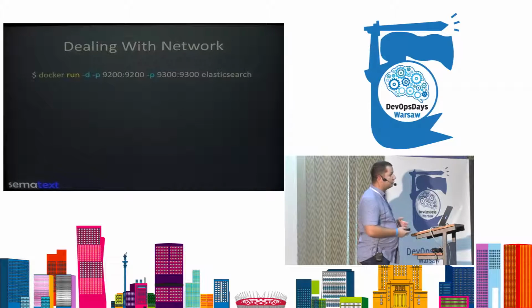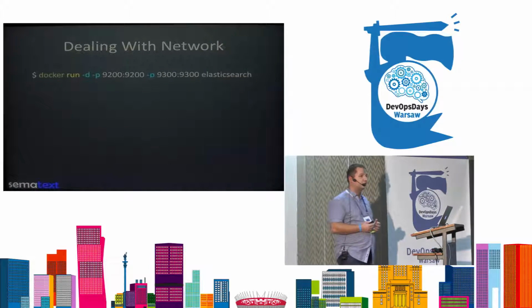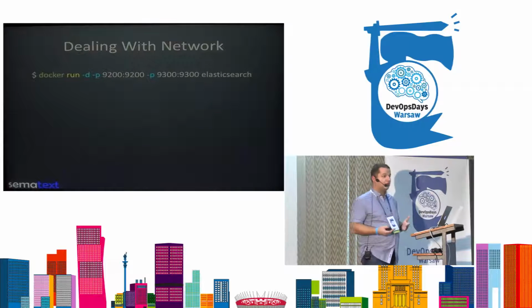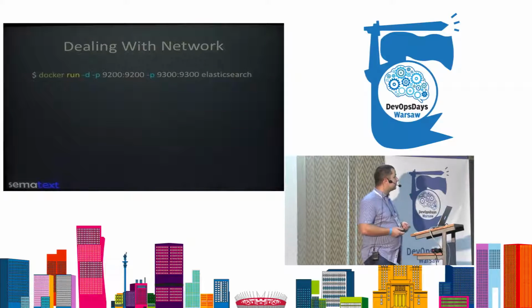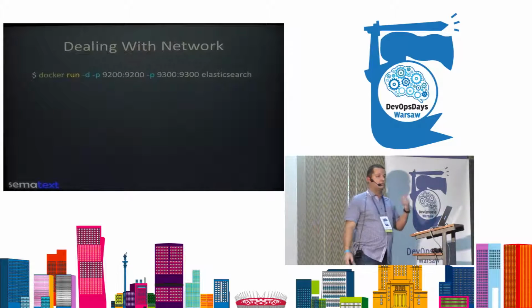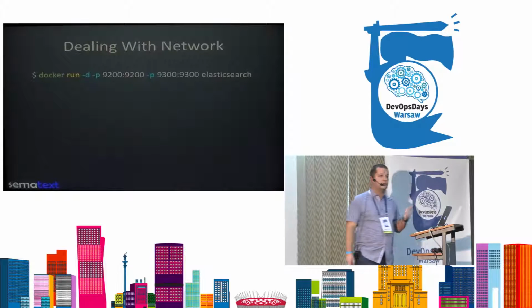In addition to that, you want certain ports of Elasticsearch to be forwarded outside of the container for your applications to be able to connect to it, or your clients running commands of the administration API. So we can just specify the -p and say which port of Elasticsearch should be forwarded outside of the container, like here the ports 9200 and 9300.